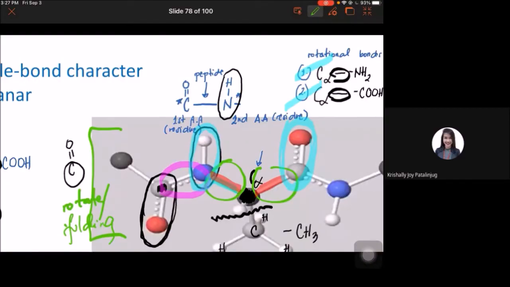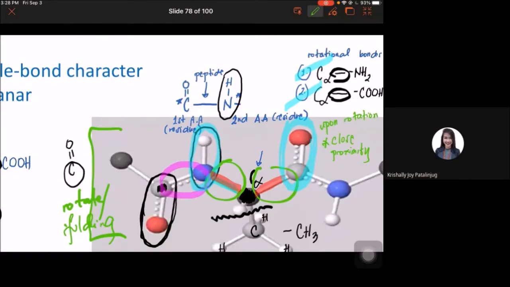And then ang chances kapag nag-fold yung buong peptide chain, chances are magkakaroon ng close proximity ang mga atoms upon rotation.